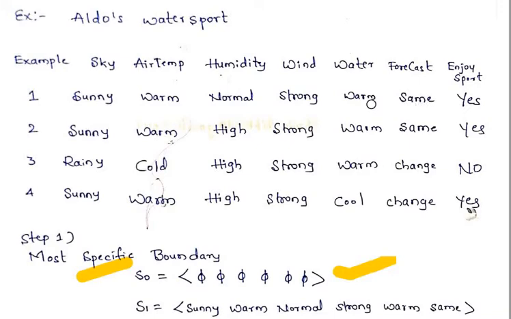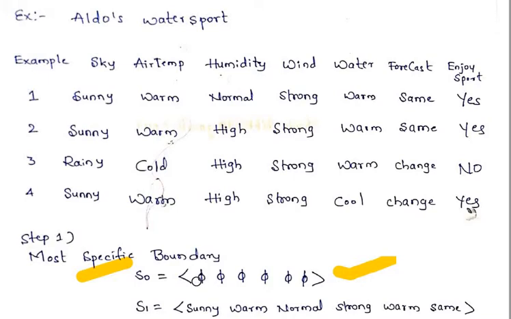Now you have to compare this example with the specific boundary as well as with the general boundary. If I consider the first attribute, here it is pi, but here it is sunny. They are not matching each other, so we shrink this specific boundary like this: pi with sunny, the result is sunny.